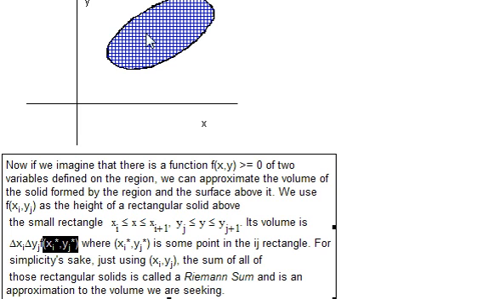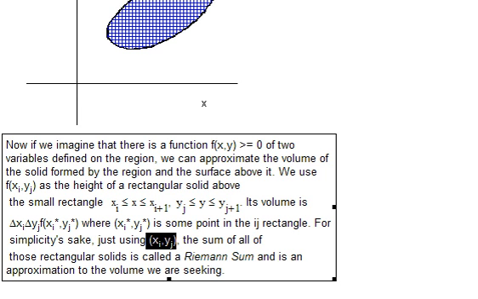That's the height of some interior point, or even on the boundary, of the particular rectangle we're talking about. That's the height of the box. And so this x_i star, y_j star is just some point in that ij rectangle, but I'll just call it this for simplicity's sake. And so the sum of all those rectangular solids is called a Riemann sum.